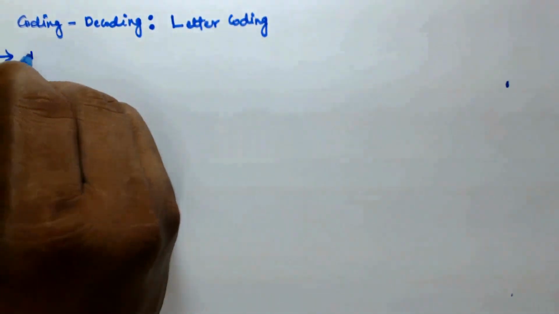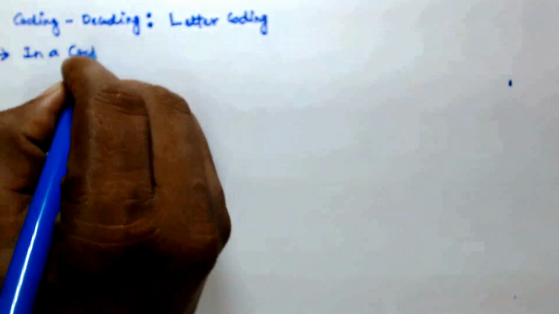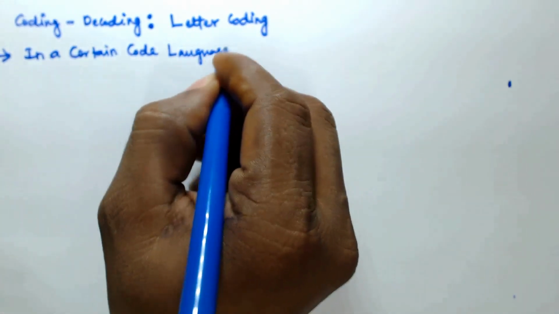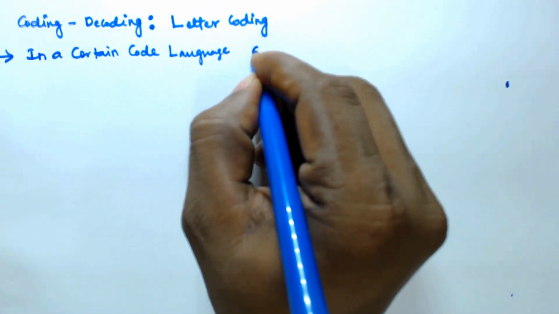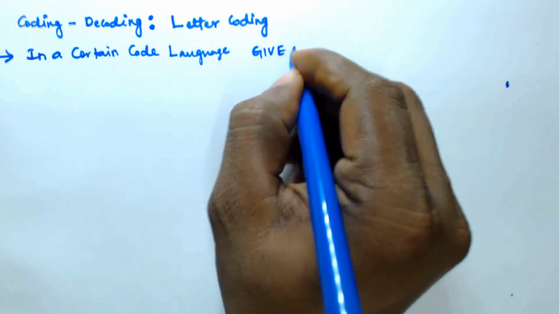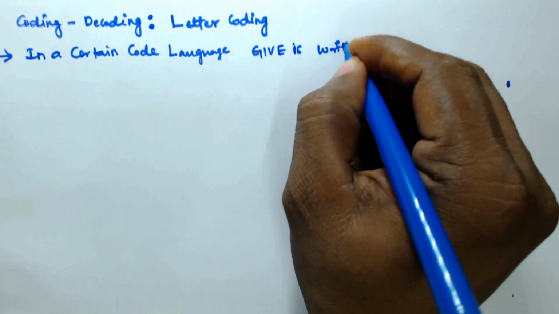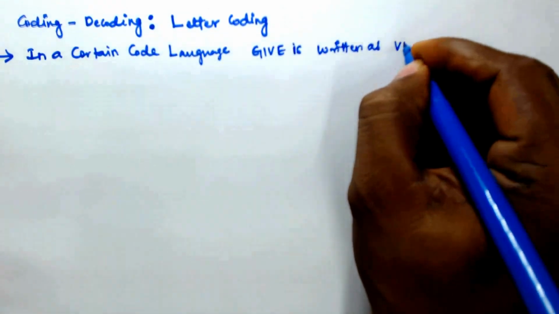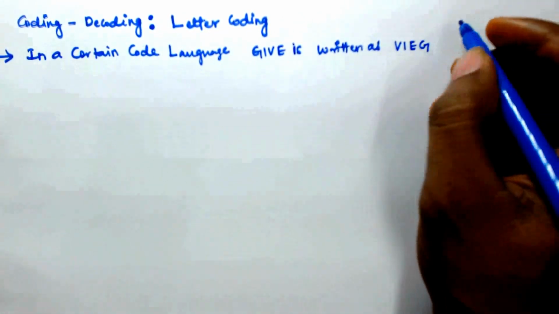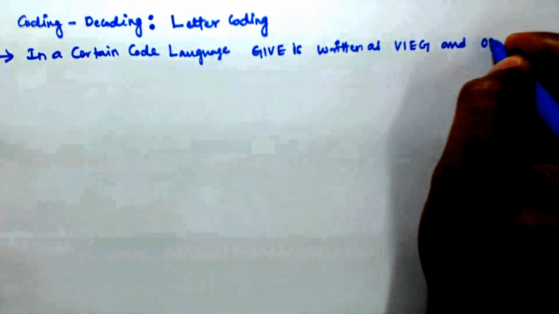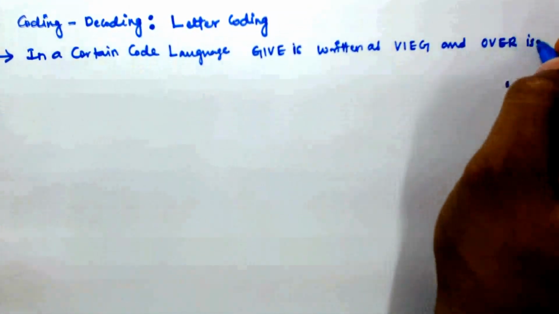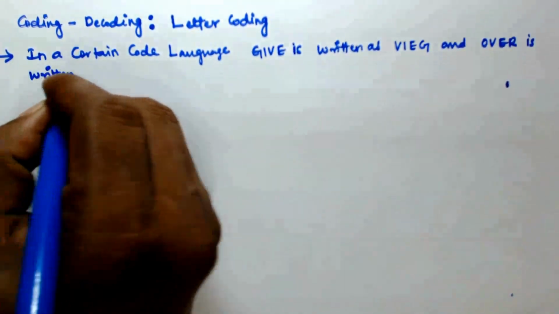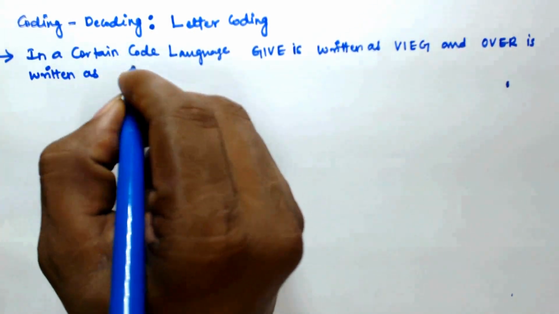So in a certain code language, GIVE is written as VIEG, and OVER is written as EVRO.